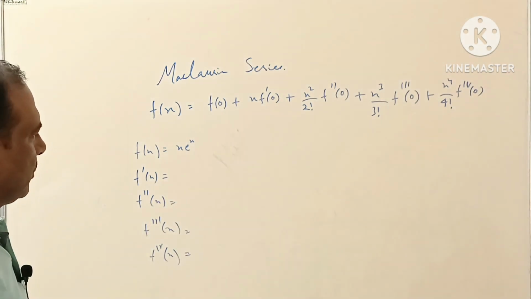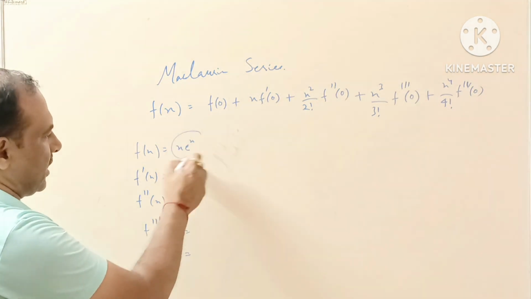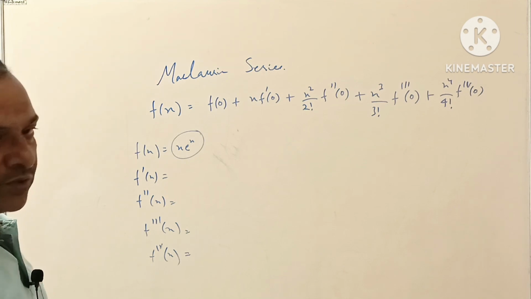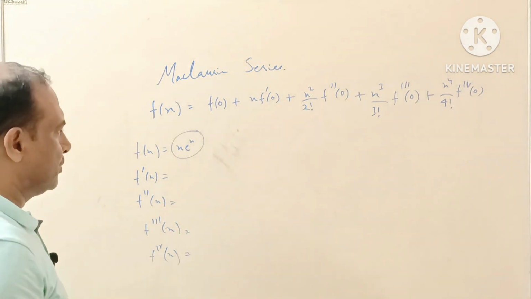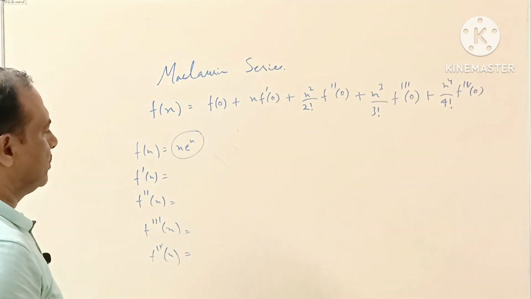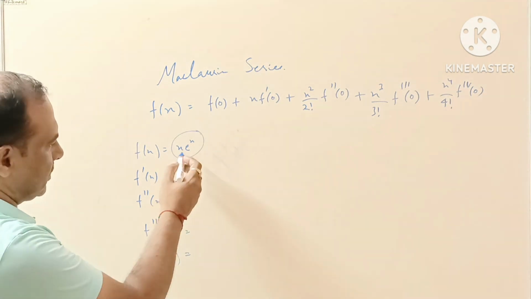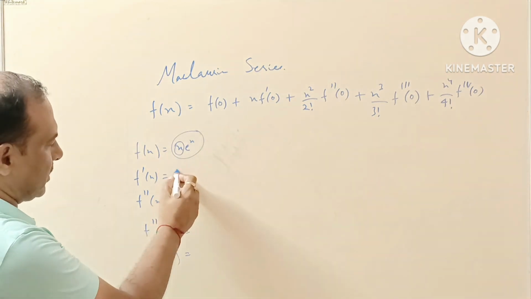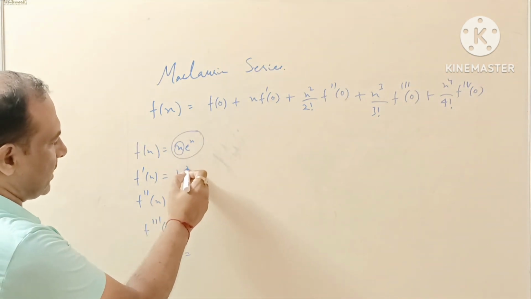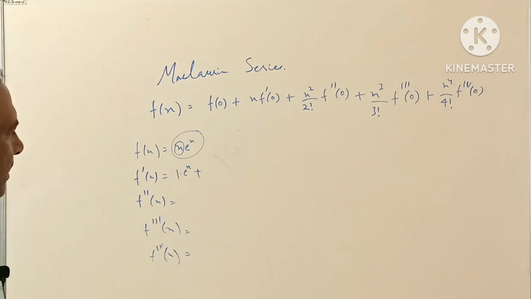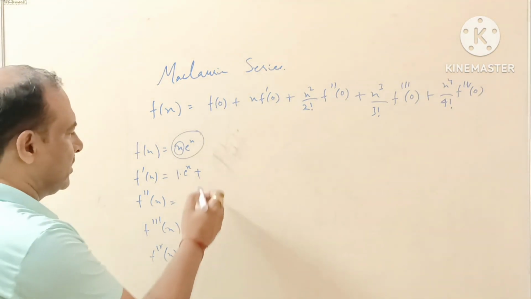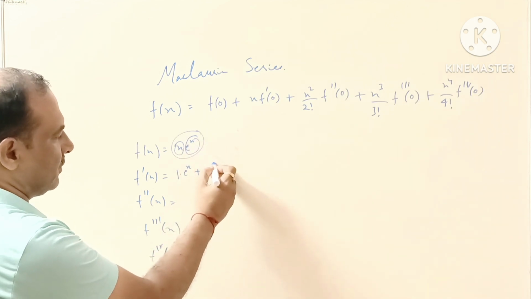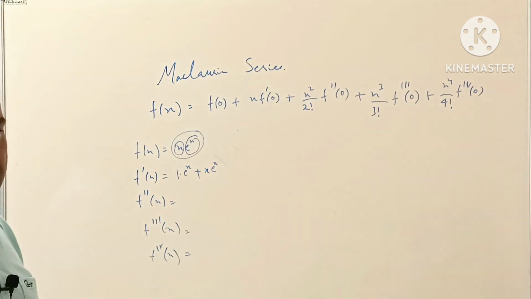Now here it is x times e raised to power x, and here we can use the product rule. Everybody knows about this. First we differentiate the x part, which gives 1, and e^x remains as it is. Plus in the second part, x remains as it is, and we differentiate e raised to power x, which is again e raised to power x itself.